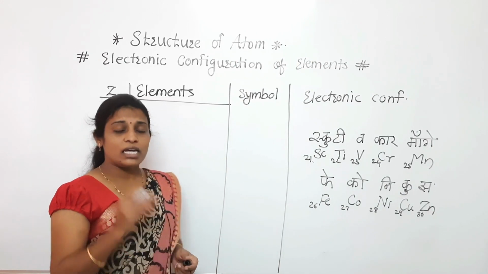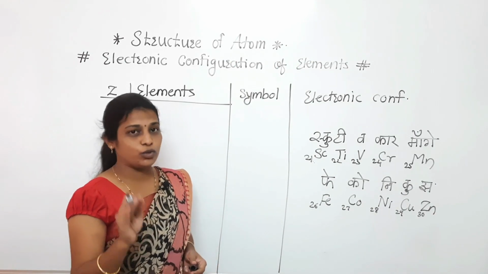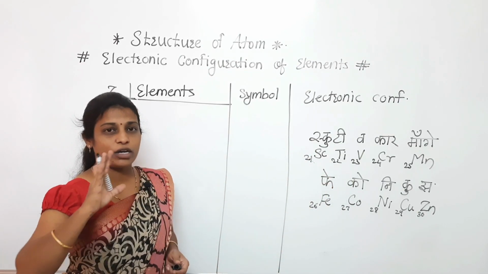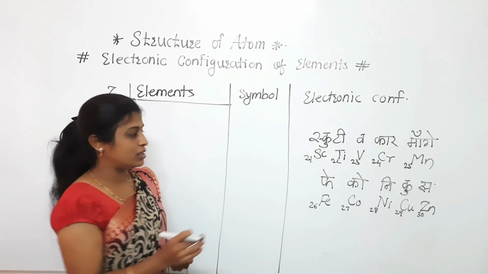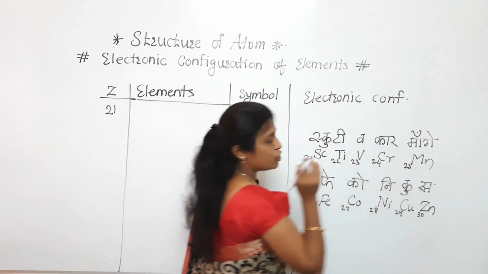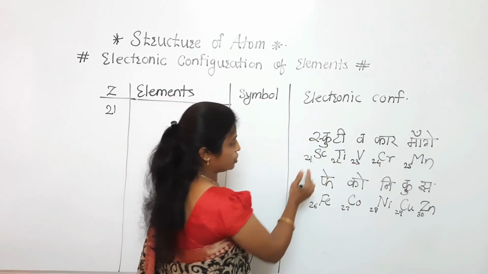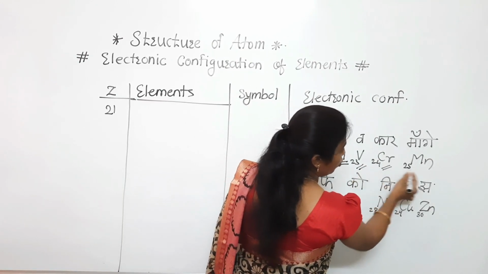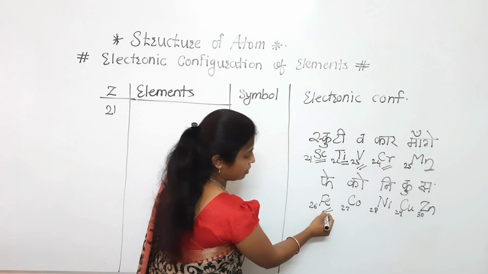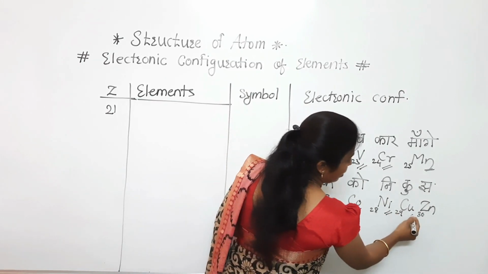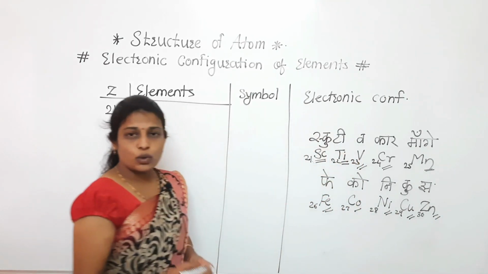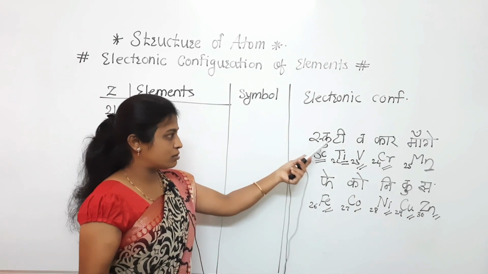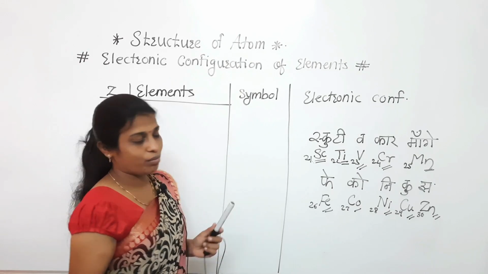In this way you can keep in mind the atomic numbers 21 to 30 elements. The first one is scandium, titanium, vanadium, chromium, manganese, iron, cobalt, nickel, copper and zinc. So we have written one trick for both the elements and the atomic numbers.